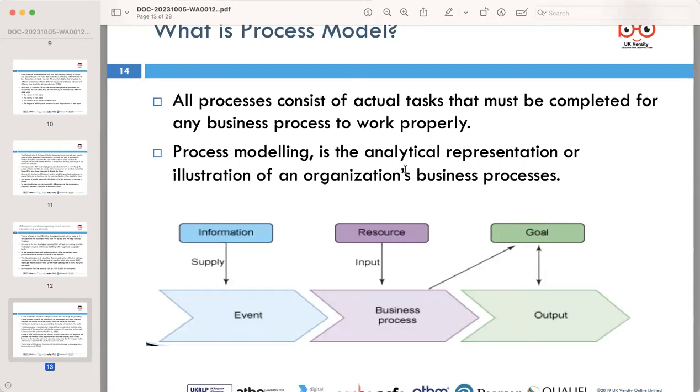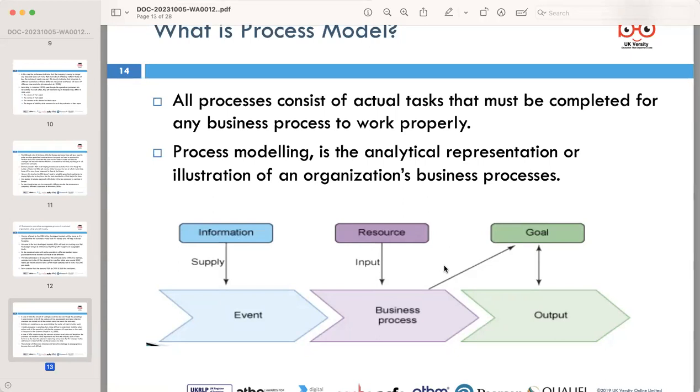Process modeling is the analytical representation or illustration of an organization's business process, like information, supply, event, business process, and output. So process models serve as an analytical representation or illustration of an organization's business process. These processes consist of specific tasks that must be executed for the overall business process to function effectively.